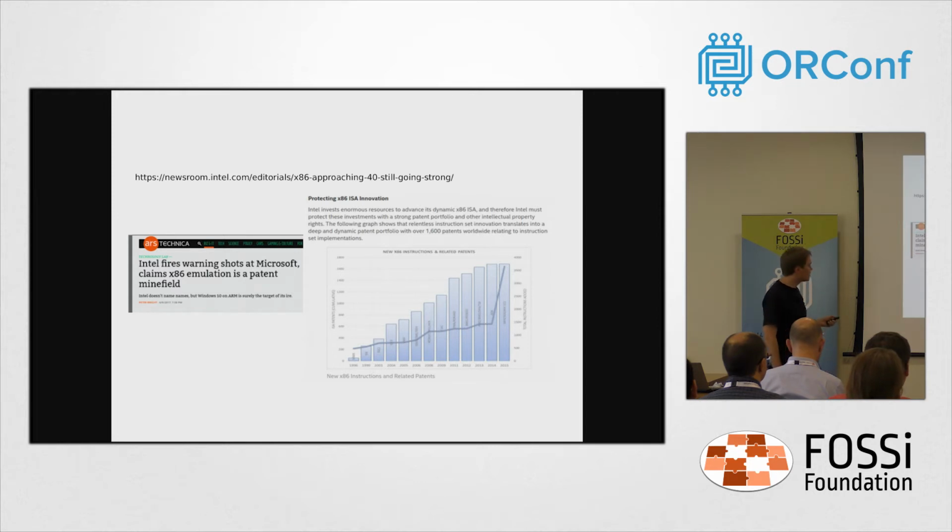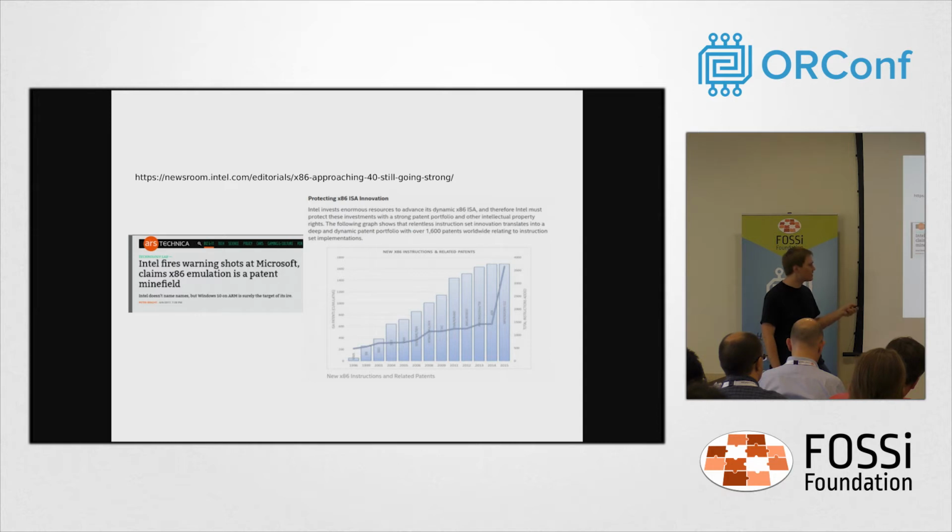I don't know if it was earlier this year, there was an amazing blog post on the Intel website, written in the most passive-aggressive tone possible, basically not quite calling out by name Microsoft and collaborators who are working on dynamic binary translation from x86 to ARM, but listing a series of companies who have tried to do similar things and then got sued out of existence, or no longer exist, partially due to legal issues.